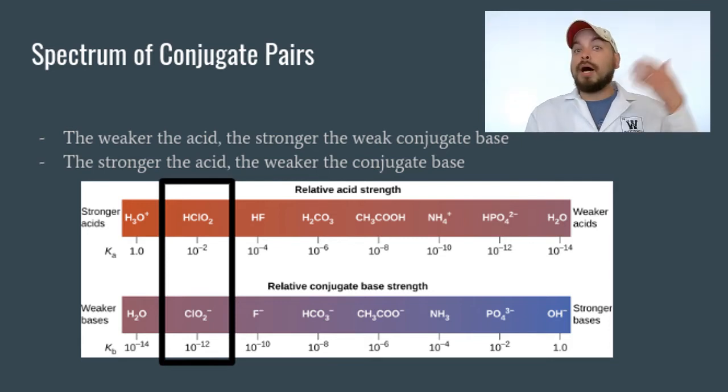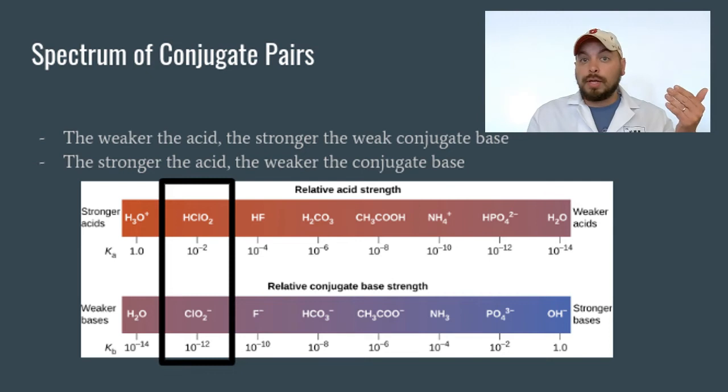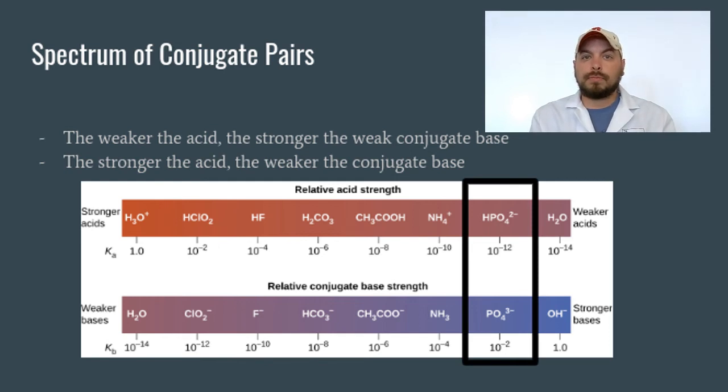ClO2- plus an H+ becomes HClO2, and therefore HClO2 is the conjugate acid of ClO2-. So HClO2 is one of the stronger weak acids, which means that ClO2- is one of the weaker weak bases. On the other end of the spectrum, HPO4 2- is one of the weaker weak acids.